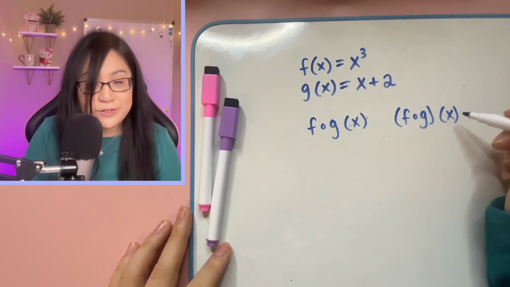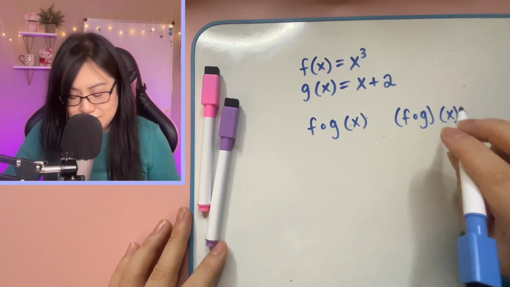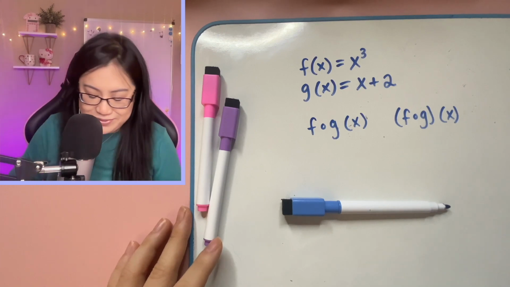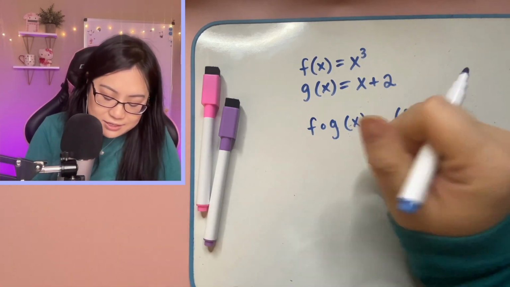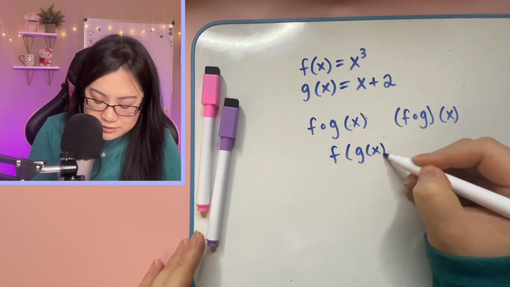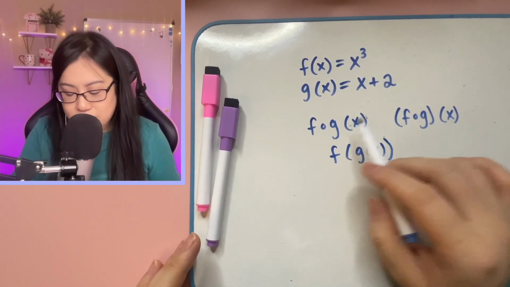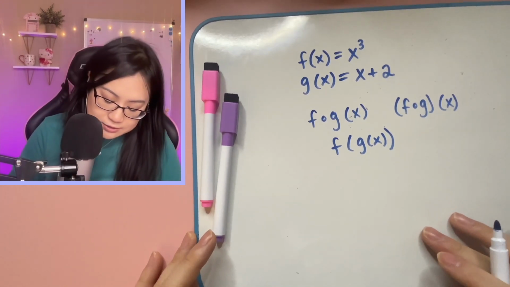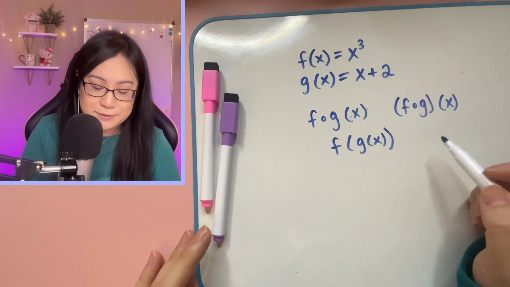I'm actually not really a fan of either of these, but I'm writing it because it's common. And instead, I like to write f of g of x like this.